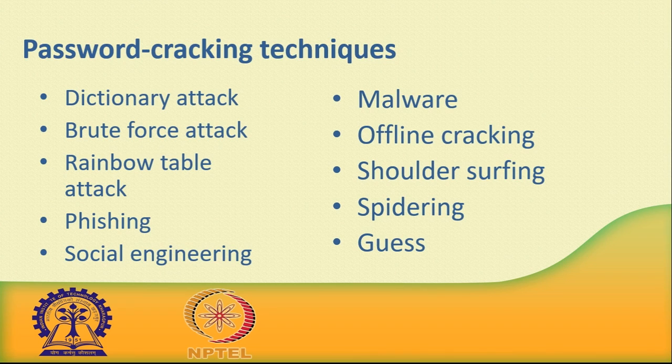Number 7, offline cracking. It is easy to imagine that passwords are safe when the system they protect locks out users after 3 or 4 wrong guesses, blocking automated password-guessing applications.